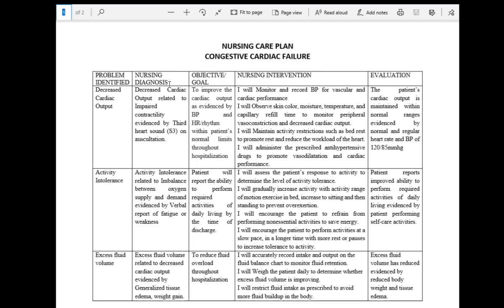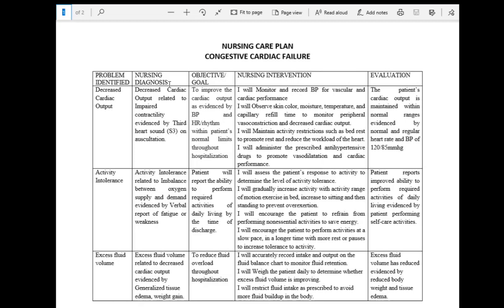The heart will not be contracting as it is used to because the myocardium is failing. And this will be heard when auscultating, when there is a third sound, which is normally called the murmur.